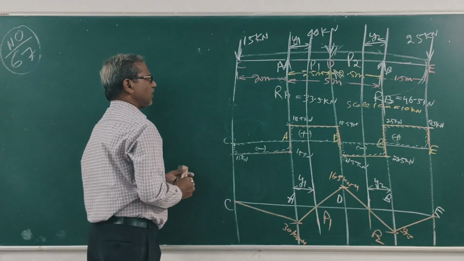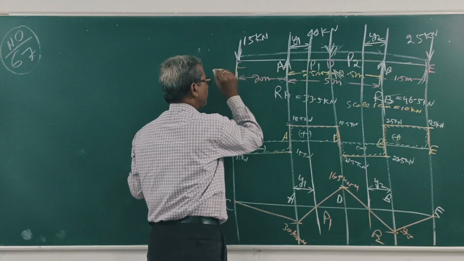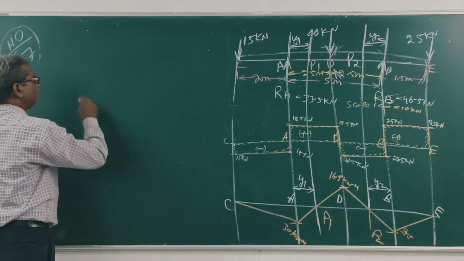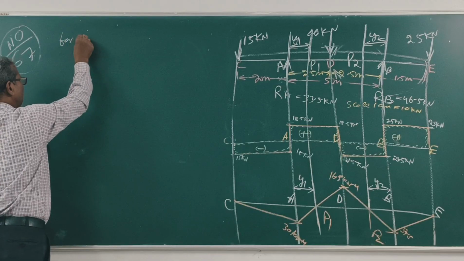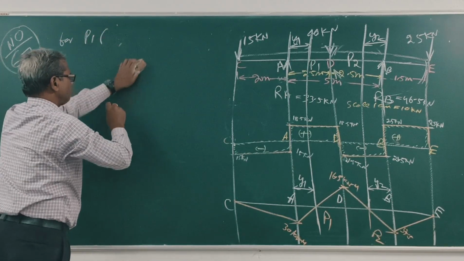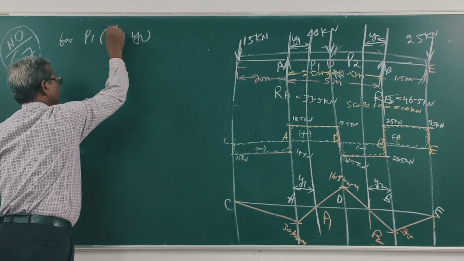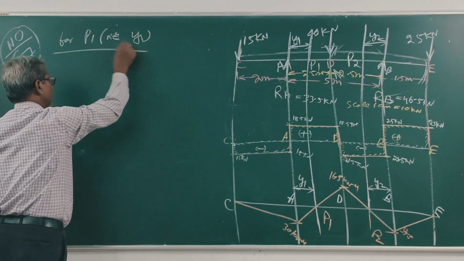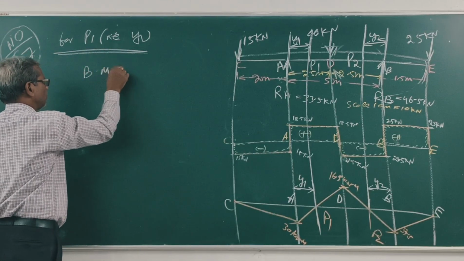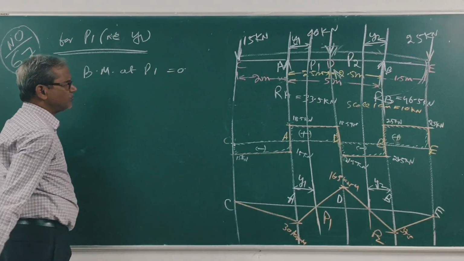Now, at P1, for y1, BM at P1 is equal to 0. Clear?